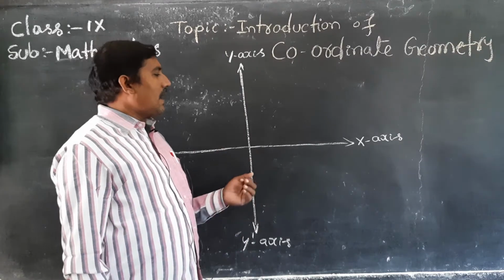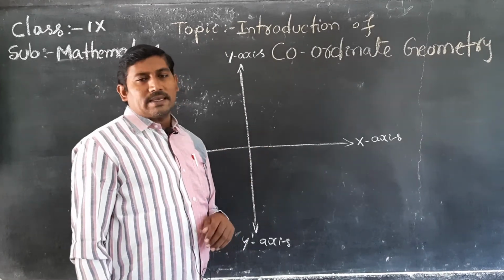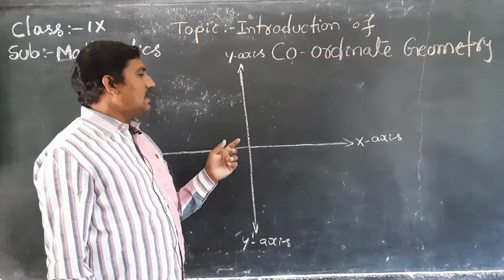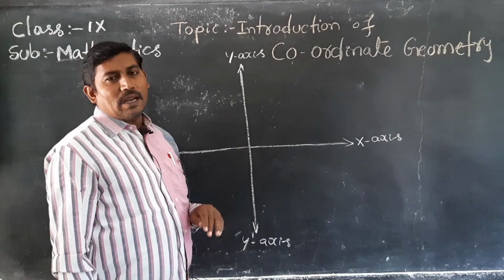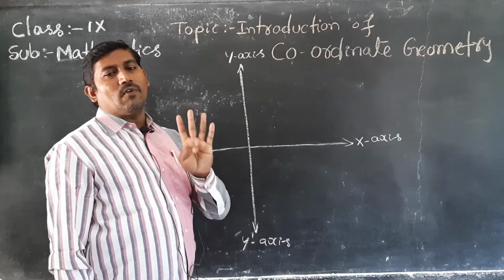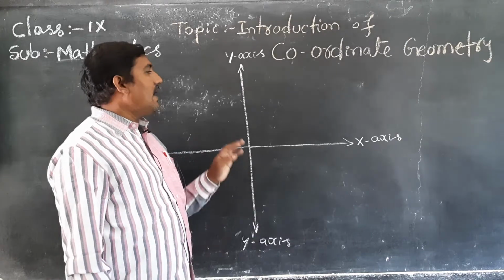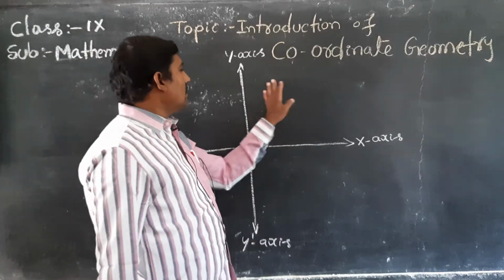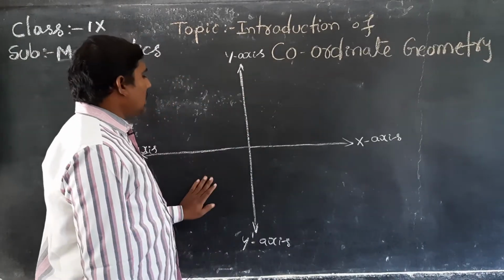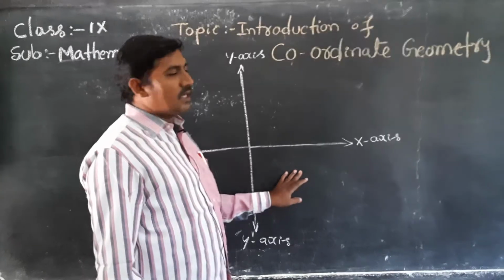So overall, these two axes, x and y, divide the total plane into 4 parts: 1, 2, 3, 4.